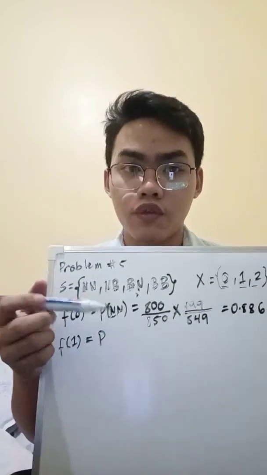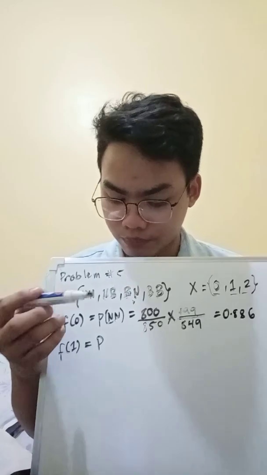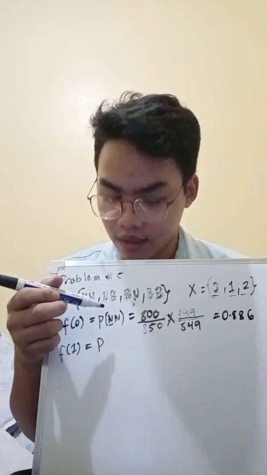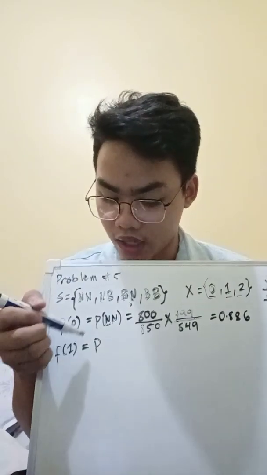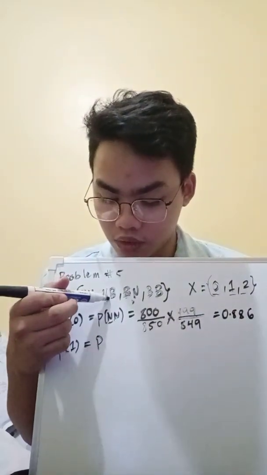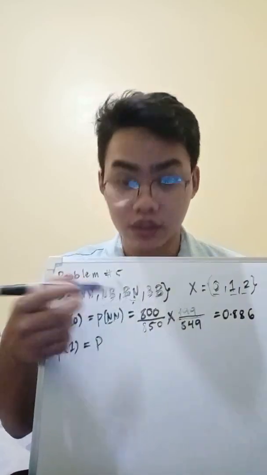If we analyze the problem, we can say that the probability of the random variable x being 1 can be the probability of this one or this one. So we will add the probability of these two. The probability of NB plus BN.